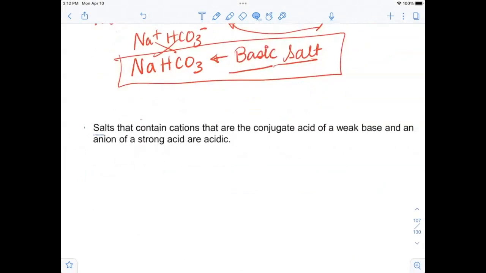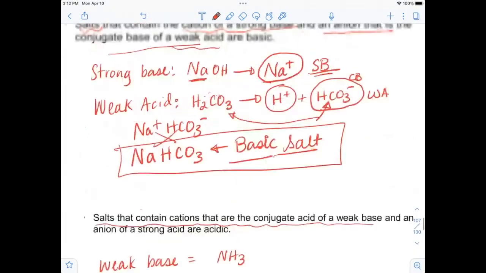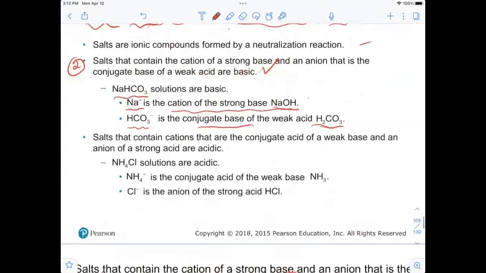Okay, so we have salts that contain cations that are conjugate acids of a weak base. So in other words, we have a weak base. And for my weak base, I can pick NH3. What kind of weak base do they have here?